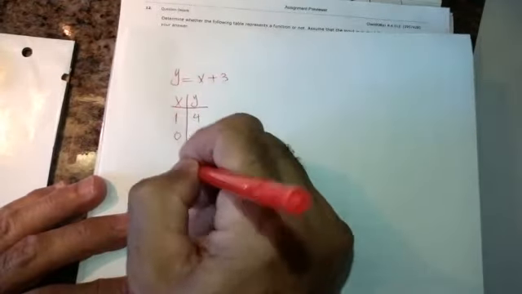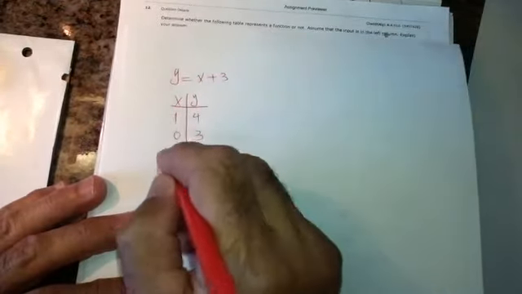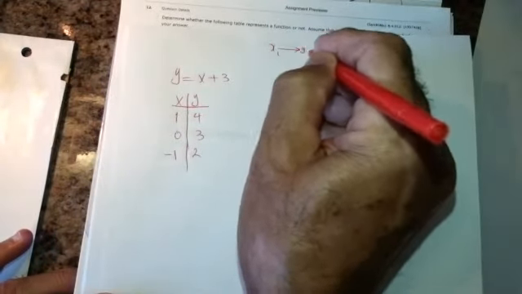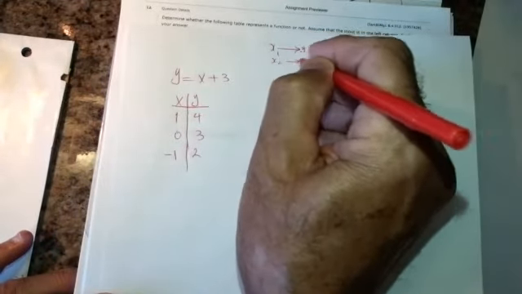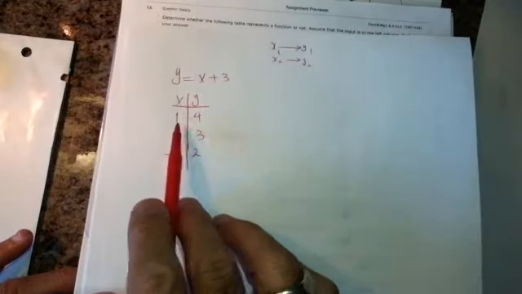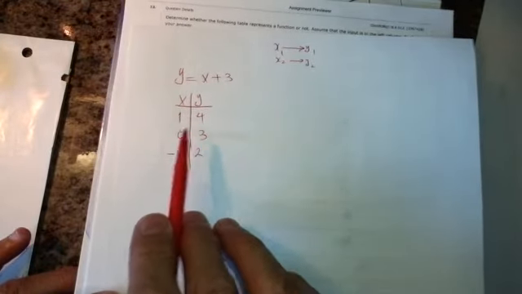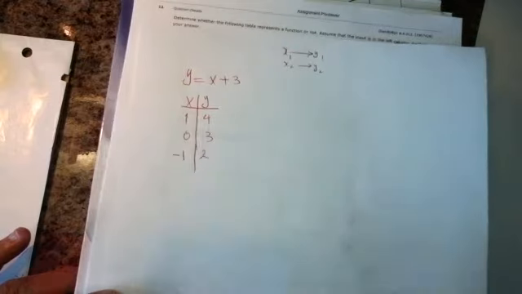X is 0, y is 3. X is negative 1, y is 2. This graph is a function. One of the definitions of function is for every x, you have the y. X1, y1. X2, y2. See? For every x, you have the y value.